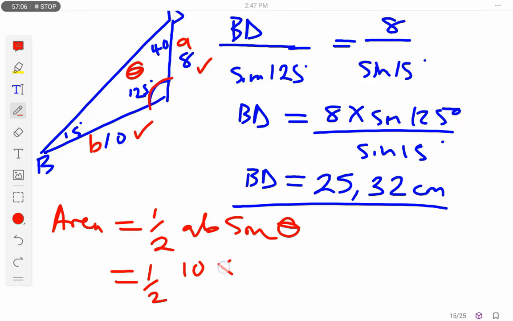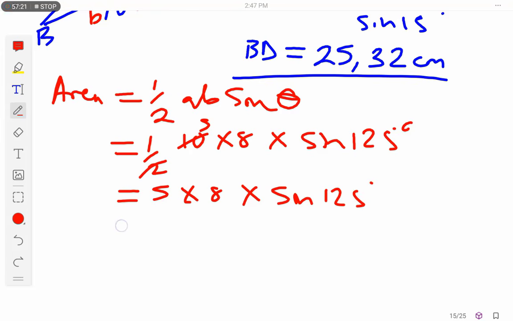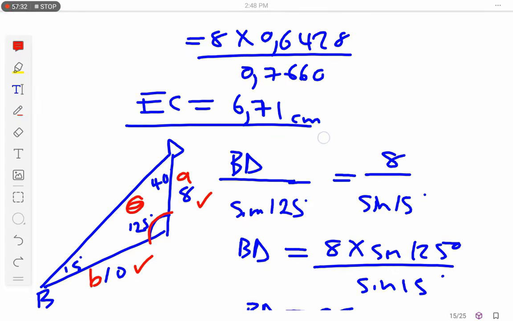Times 8 times sine 125 degrees. Half of 10 is 5, so I'm getting 5 times 8 times sine 125 degrees. I'll get my area as 32.77 centimeters squared.